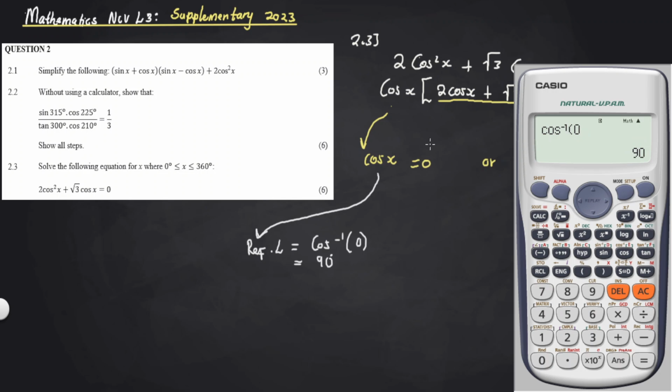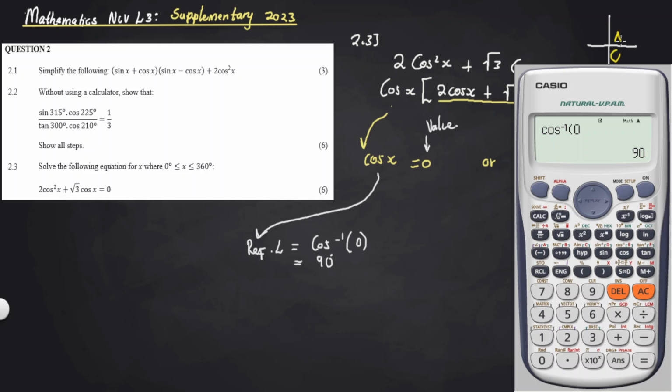When finding the solutions to an equation, after finding your reference angle, you need to check whether this value is positive or negative. The 0 is treated as a positive.